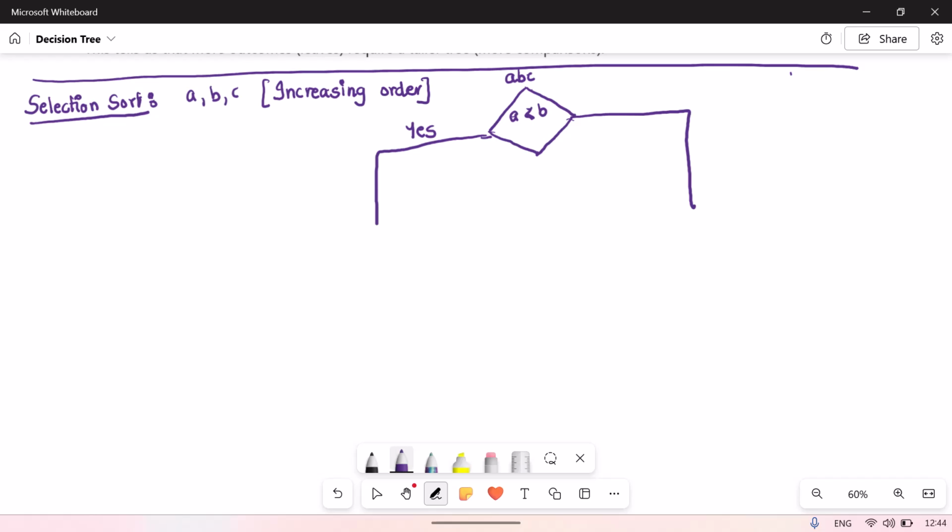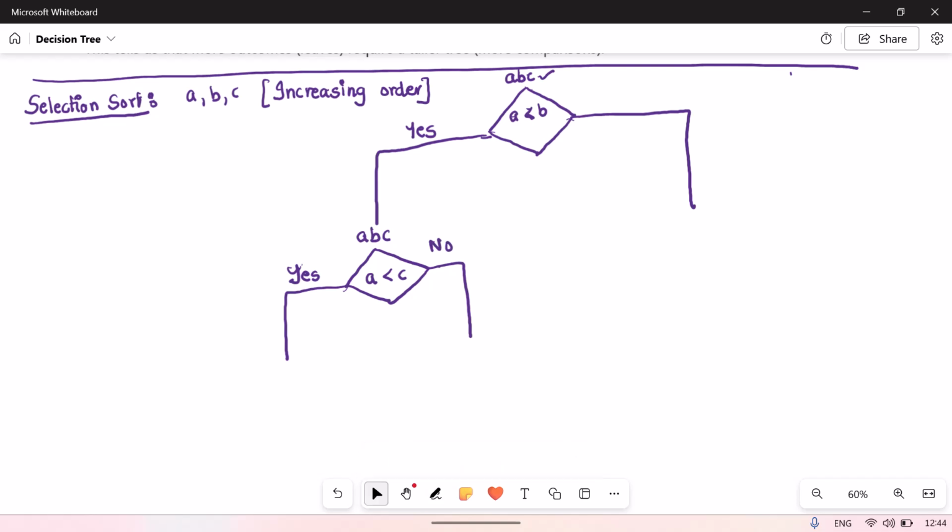If A is less than B, that means the elements will be in the same order, A, B, and C. Now again, I will check with respect to A and C. I want to make sure that A is in the correct order. So I'll compare it with B, then I'll compare it with C. Again, this will have two results: one if it is yes, and the other if it is no.